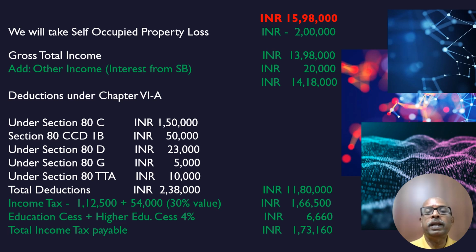Another 50,000 you can add, so it adds up to 2 lakhs. 80D is medical insurance. For a family, it is 25,000. If no insurance is there, a medical checkup annually of 5,000 you can add. You can take it as a deduction, but totaling to 25,000 only.